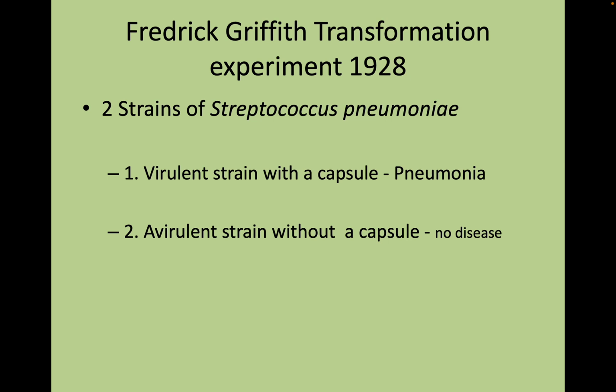This is a very famous experiment conducted by Frederick Griffith in 1928. He had 2 strains of Streptococcus pneumoniae. One was a virulent strain, a strain that causes disease, and he'd also noticed these bacteria had a capsule. They cause pneumonia. He also had an avirulent strain that he observed has no capsule and causes no disease.